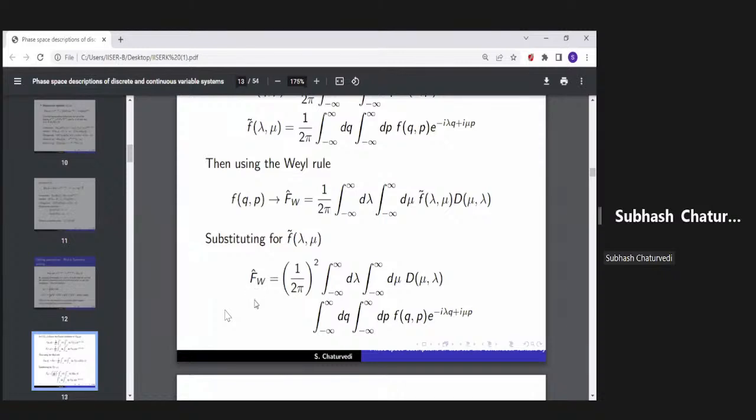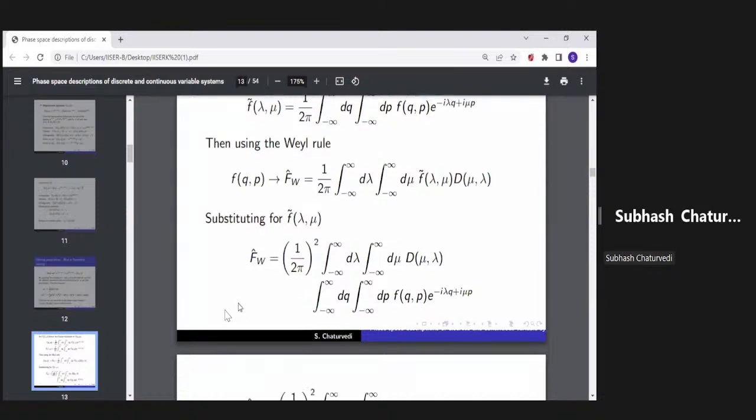So this is the procedure for going from a phase space function to an operator on the Hilbert space.